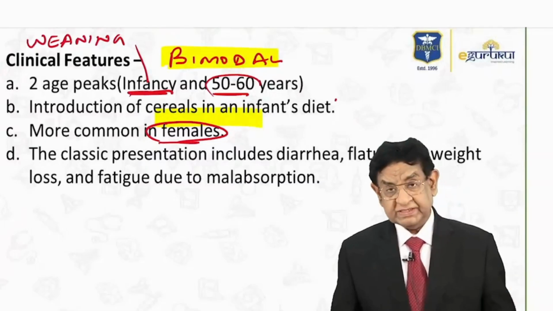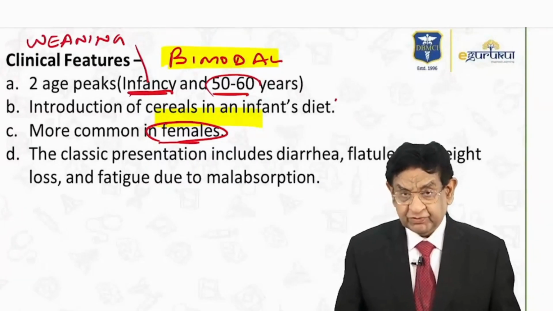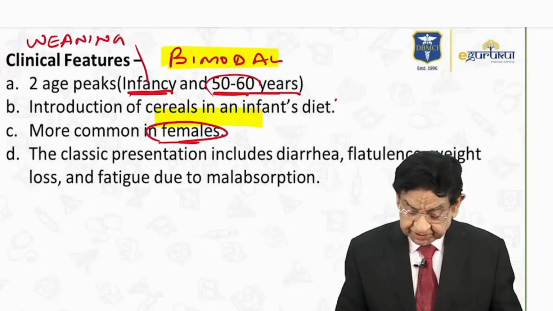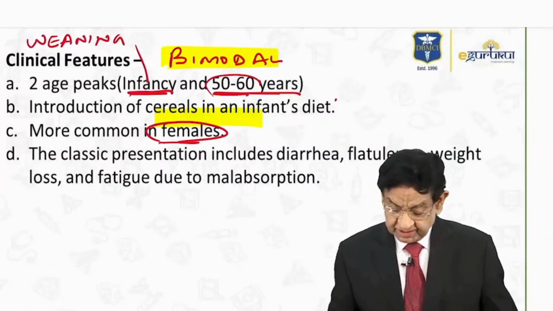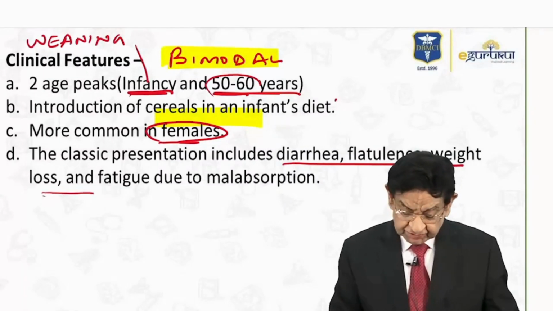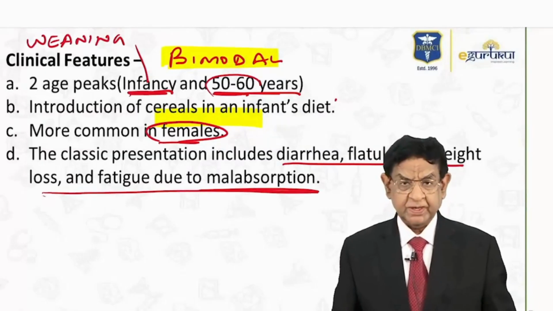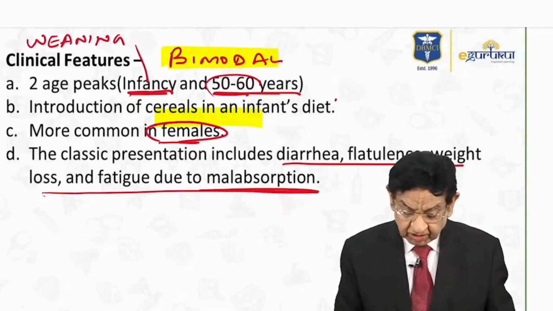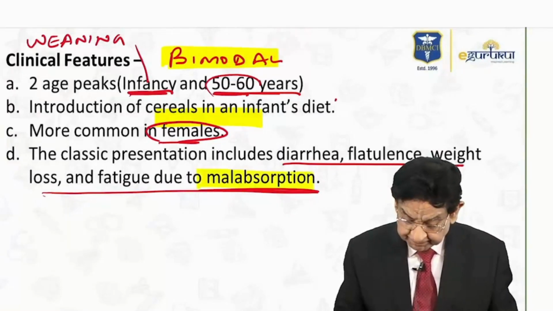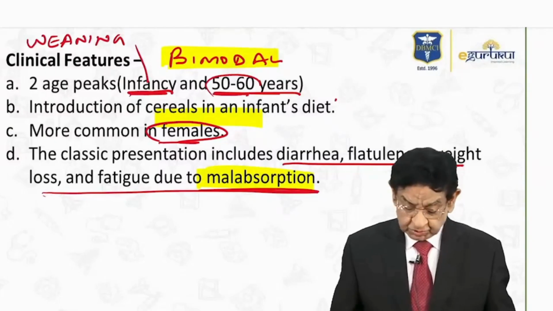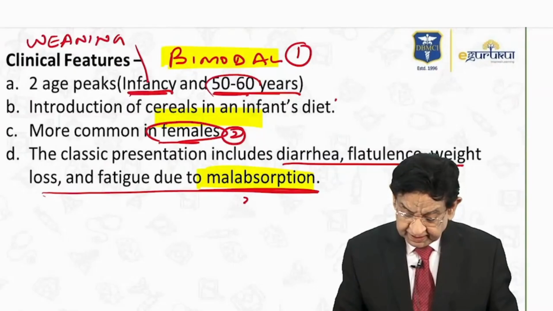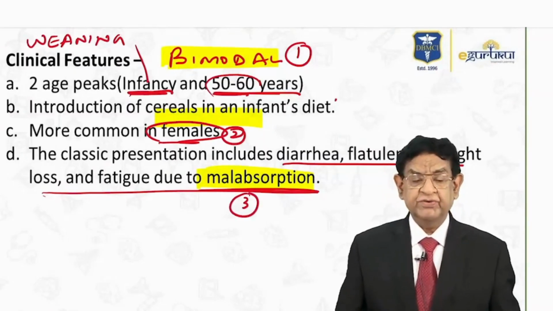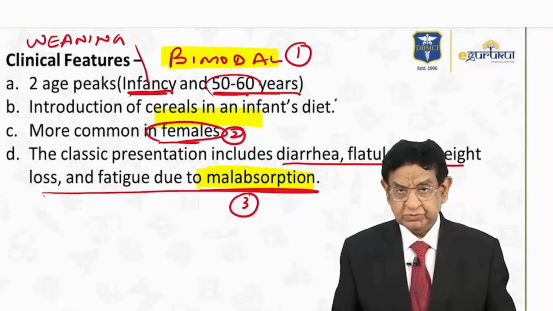When an adult patient takes cereal containing wheat, they get diarrhea, flatulence, weight loss, fatigue, all due to malabsorption. So we can say features of malabsorption. The keywords to remember are: number one, bimodal; second, female; and third, features of malabsorption. Three keywords.